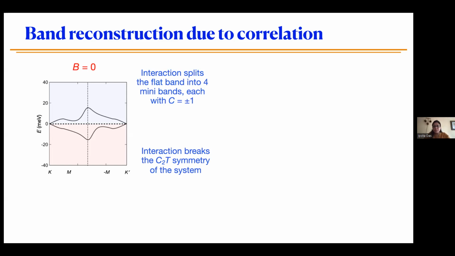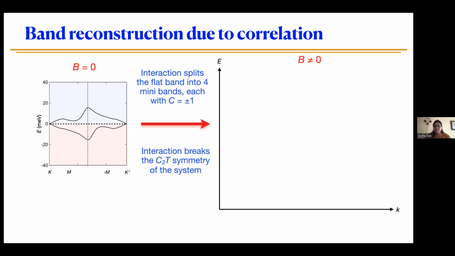Okay, and the strong interaction can induce either, so in your system in twisted bilayer graphene, you have the C2T symmetry intact, which is inversion symmetry multiplied by the time reversal symmetry, right? So that is intact. But because of the interaction, you can break this symmetry and you will have different mini bands within the flat band, with different symmetry, let's say.